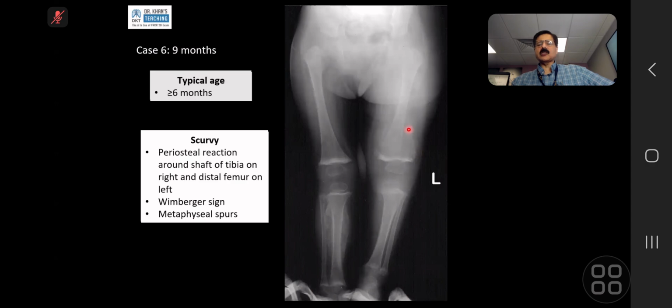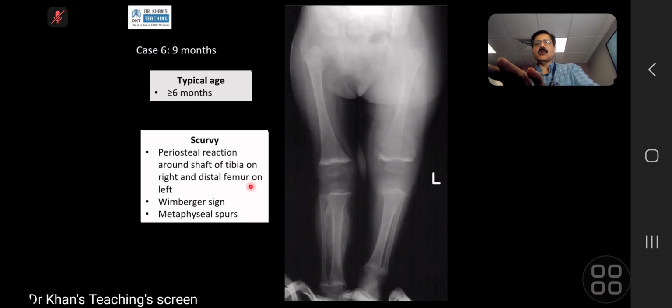Periosteal reaction will occur along the bone, as a subperiosteal bone reaction, and it can happen within days, like this. And if you see here, this is the Wimberger sign, and there are other signs of scurvy also. So these can be your pertinent negatives when you are dealing with a case in your exam.